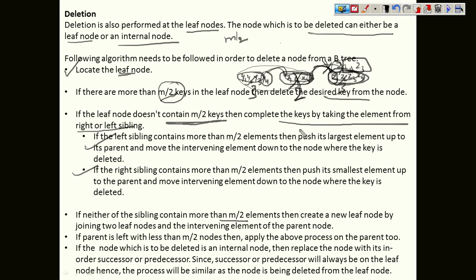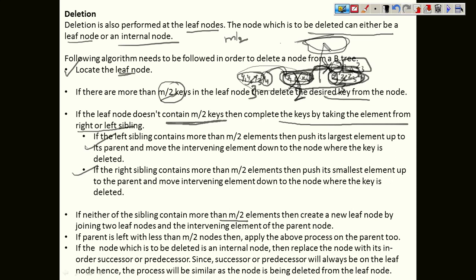Now what is actually meant here in the previous step? It says that if this is a situation where none of the siblings is in a position to share any key values to make its minimum requirement, then from the parent node, it will simply drop one key value and combine this entire thing into one node.